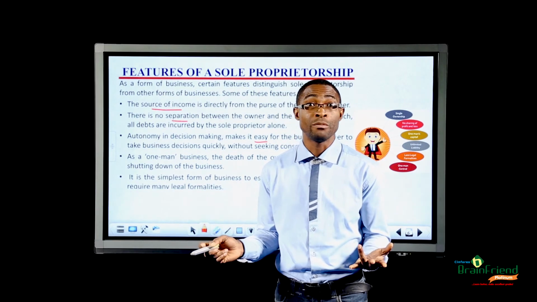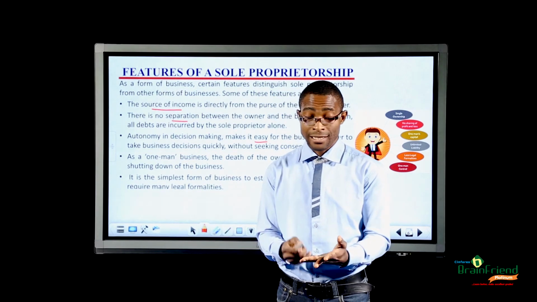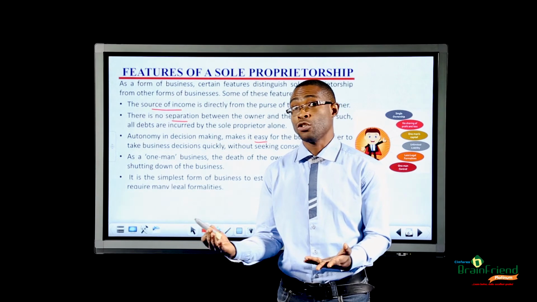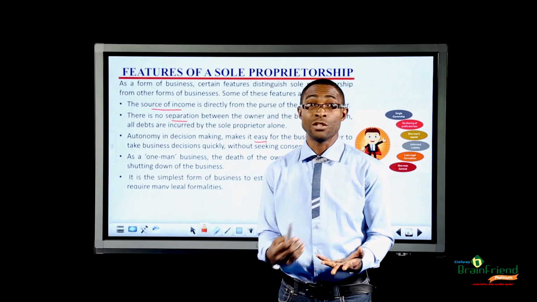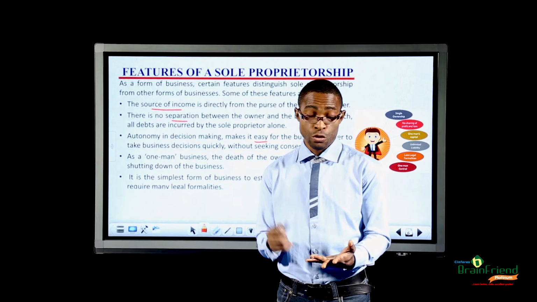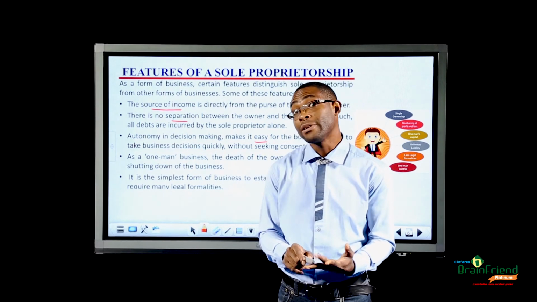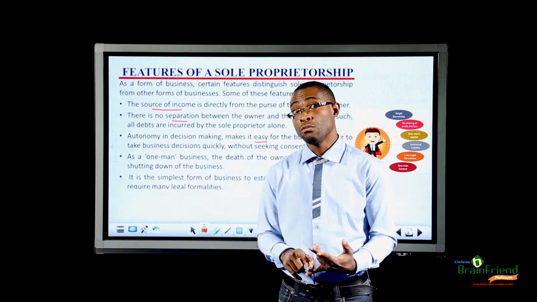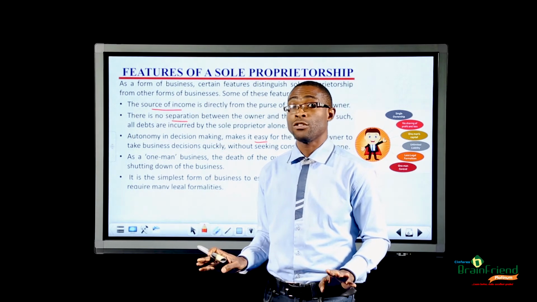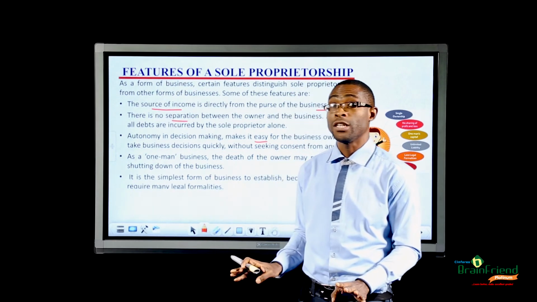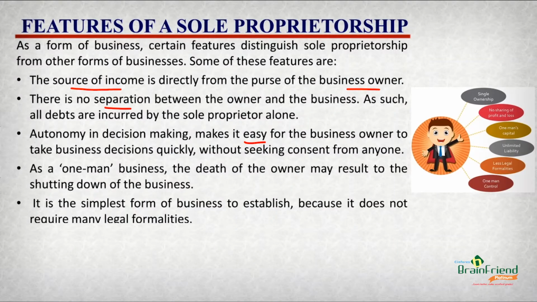Nobody is going to question him. Why? He has sat down and thought of it. My customers demand more of milk and less of Milo. So it is wise for me as a businessman to buy milk and leave Milo. When he takes that decision on his own, nobody has the right to question him because he is the only one running, managing, and financing his business.